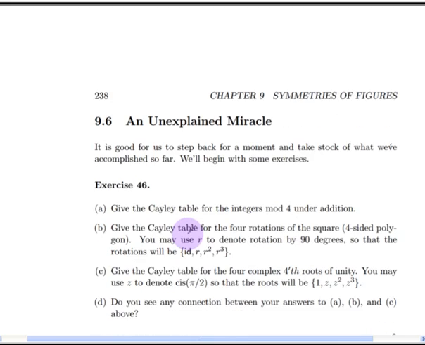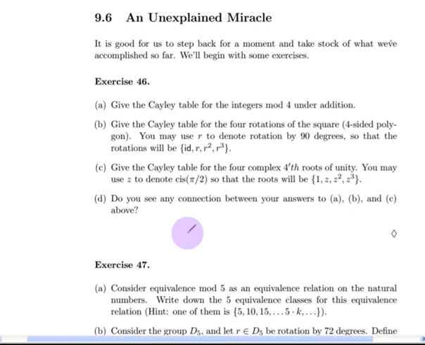Okay. Now this short section just makes a comment on something that seems very strange and wonderful, that the same group seems to pop up in many, many different contexts. We had the symmetries of a square.